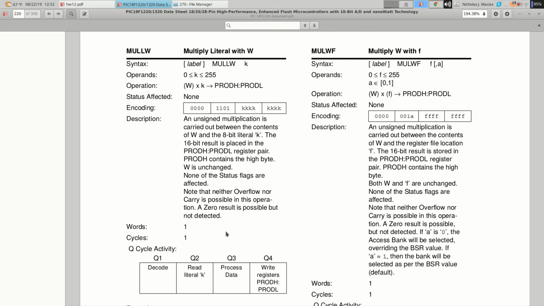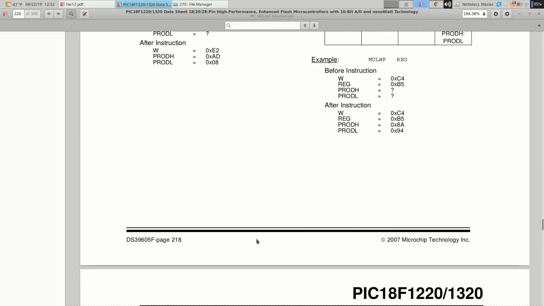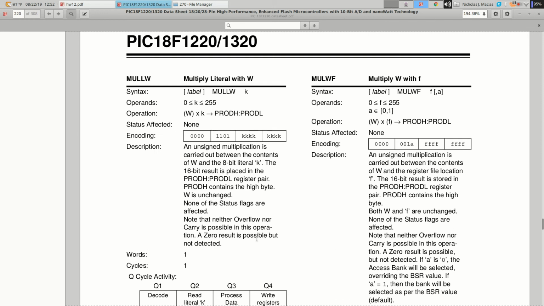If I look at product H and product L, I'll see a 16-bit representation of the number 1,000. So you can do multiplication on the PIC. It's pretty easy. So you can multiply W by a literal, or you can multiply W with an 8-bit file register, mul WF. And again, the result goes into a pair of product registers. So those are useful to know if you're doing math.